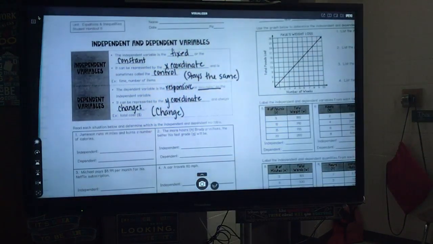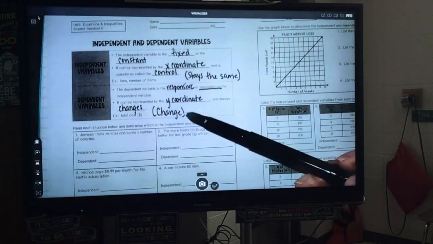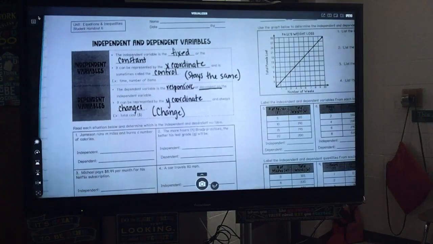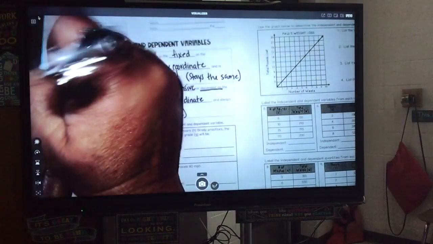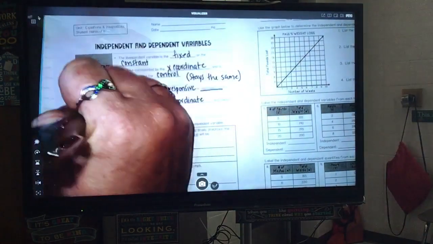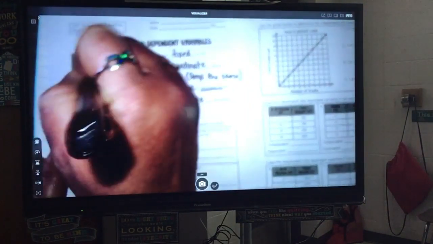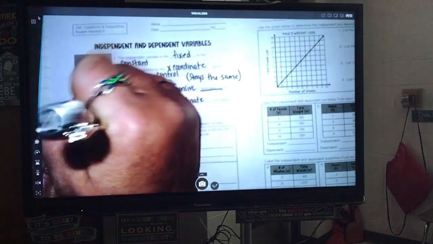So in parentheses, I want you to write change for the dependent variable, and it stays the same for the independent variable. The other thing I want you to put in parentheses in that gray box: that should be x for independent and y for dependent.